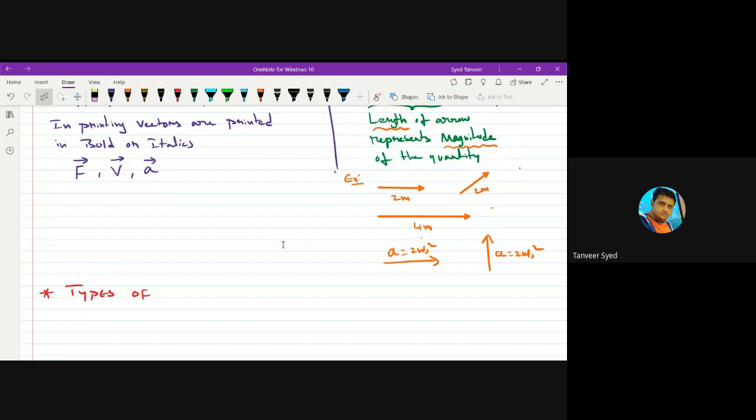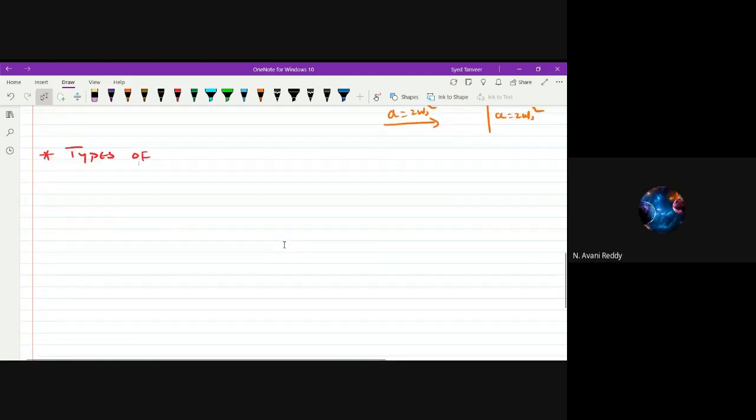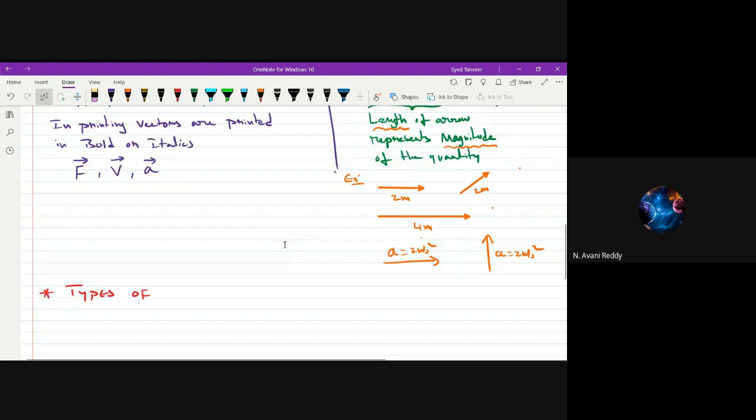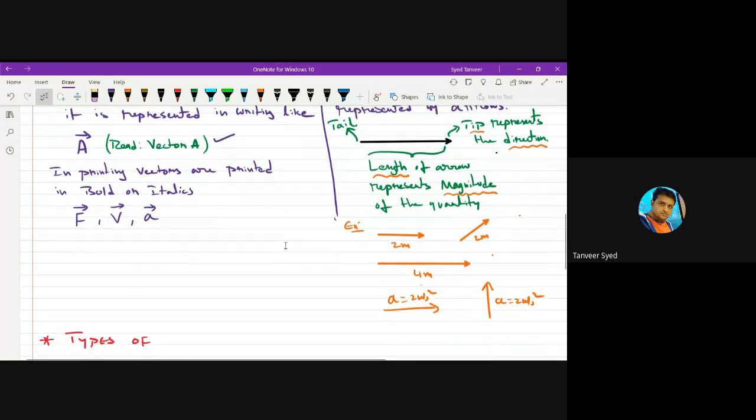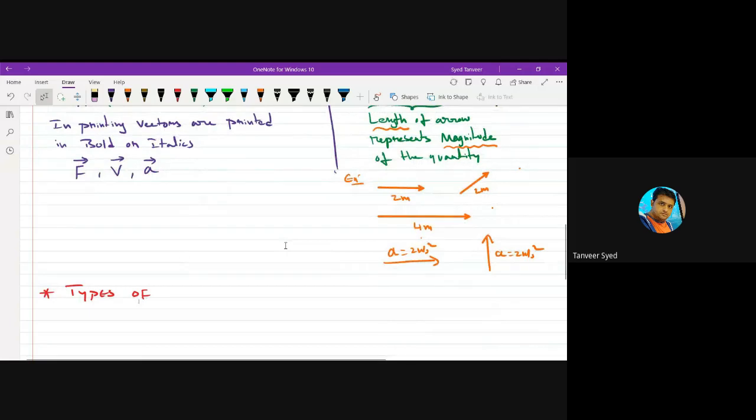To understand displacement, you should know what is distance. It's a long story. There are no shortcuts. If you're taking down the notes, just note down the important points. You need not write word by word, letter by letter, because it will take much time. Just note down the important points, like running notes.